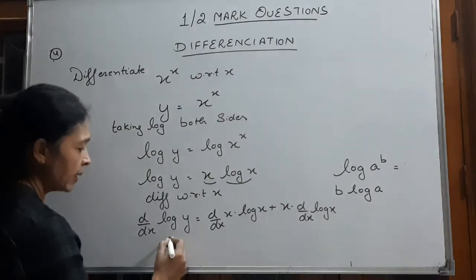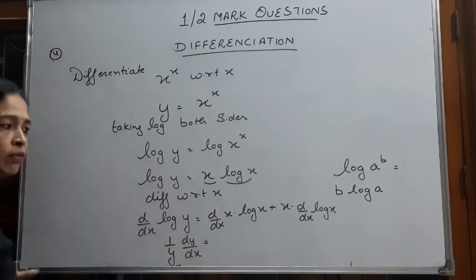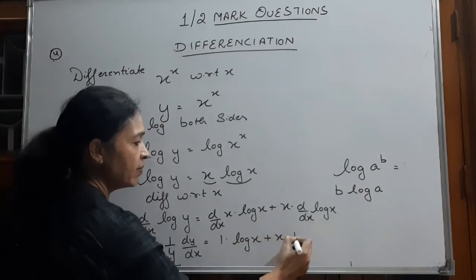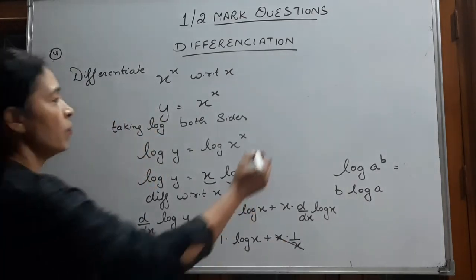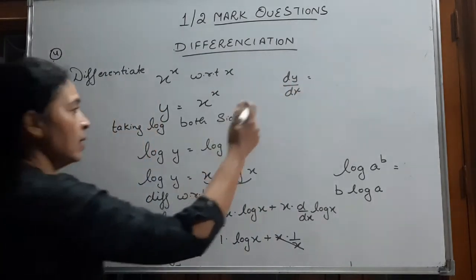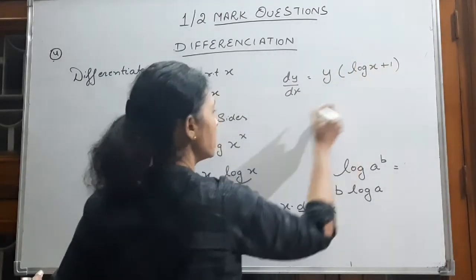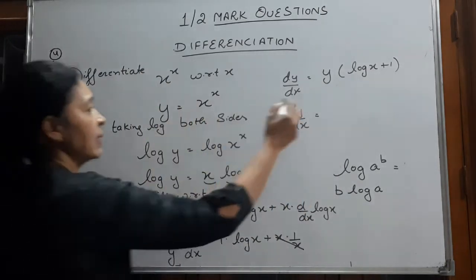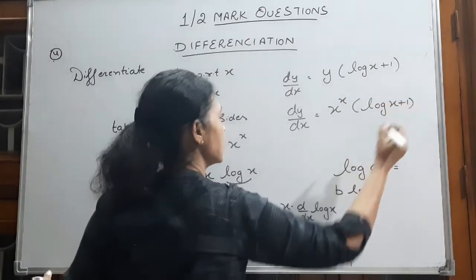The derivative of log y is 1 upon y into dy by dx, equals the derivative of x, which is 1, into log x as it is, plus x into the derivative of log x, which is 1 by x. x and x get cancelled. We have to find dy by dx, which equals y on the right hand side, times log x plus 1. dy by dx will be, what was y? x to the power x times log x plus 1. This is our answer.